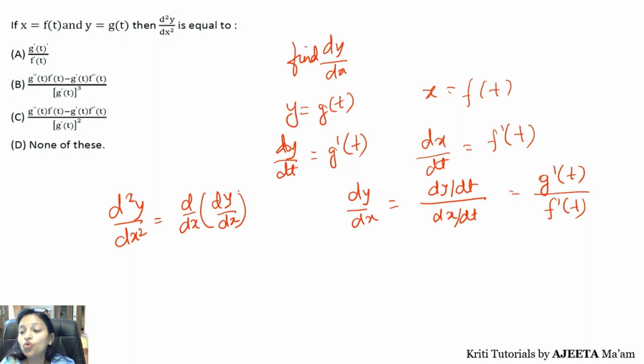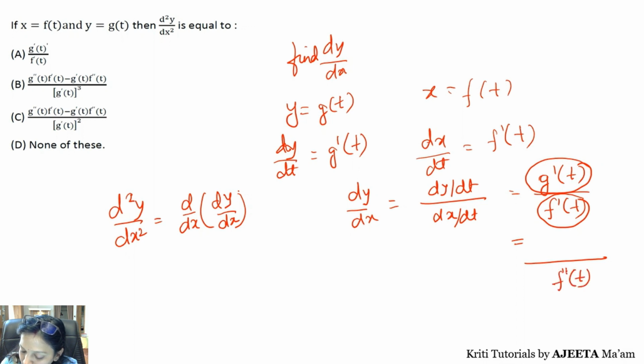So what we will do, we will apply quotient rule on the right hand side because f dash t and g dash t, they are in division. Okay, so in the numerator and denominator, what's the formula for quotient rule? We have f dash t is single dash, okay, whole square. That is the square of the denominator as it is. No differentiation, right?